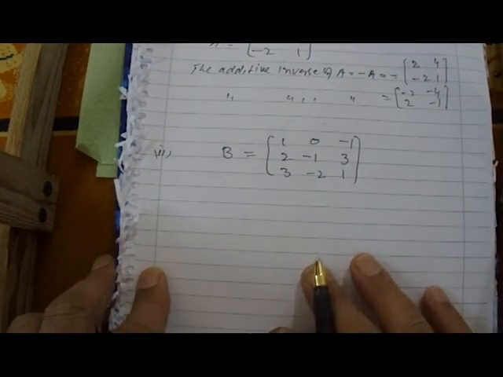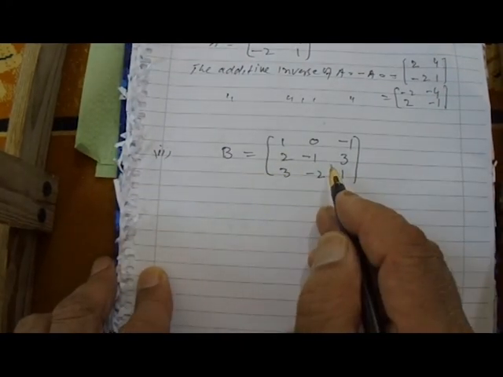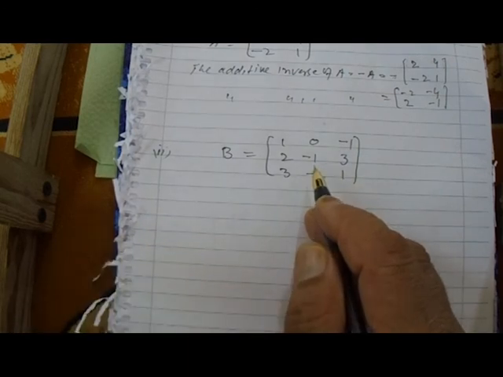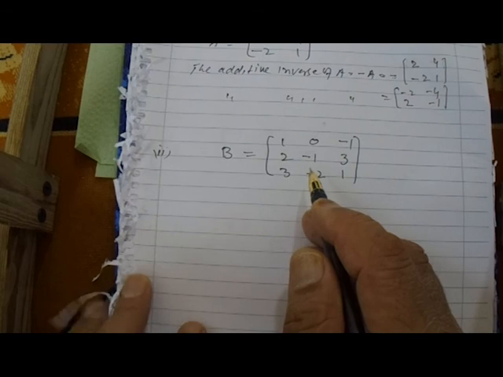Now the next question, B is a matrix and the question is you find the additive inverse of this matrix.